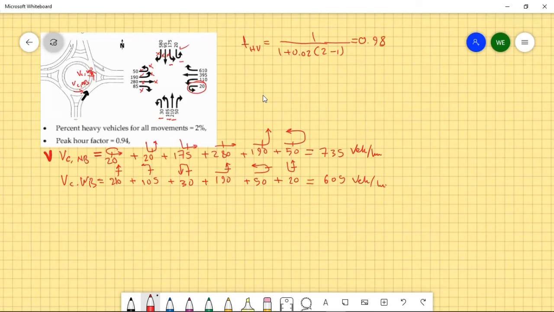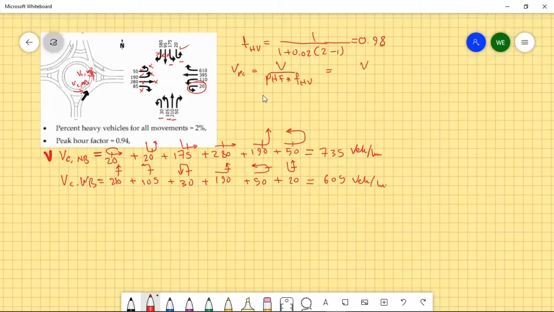So for the volume to be passenger car, V passenger car equals volume divided by peak hour factor multiplied by FHV.